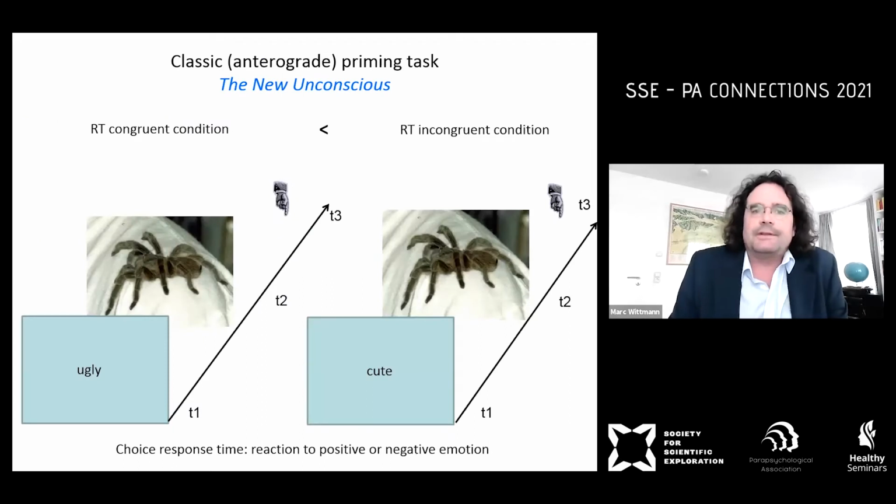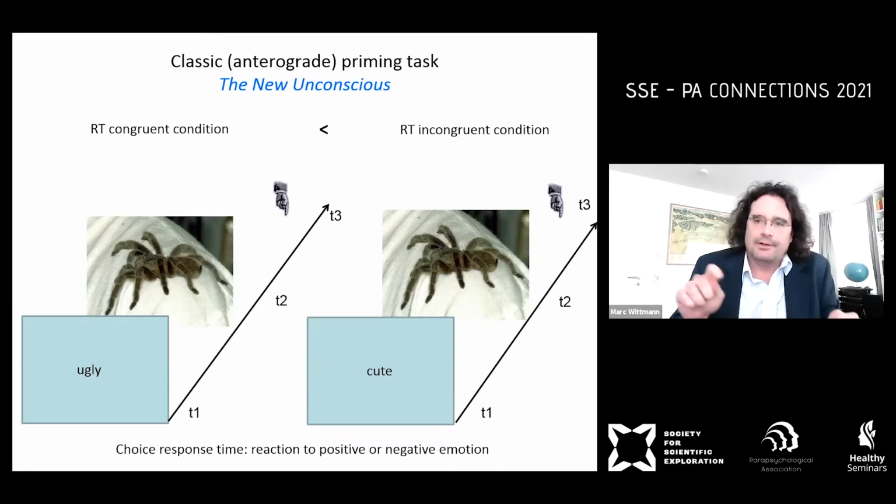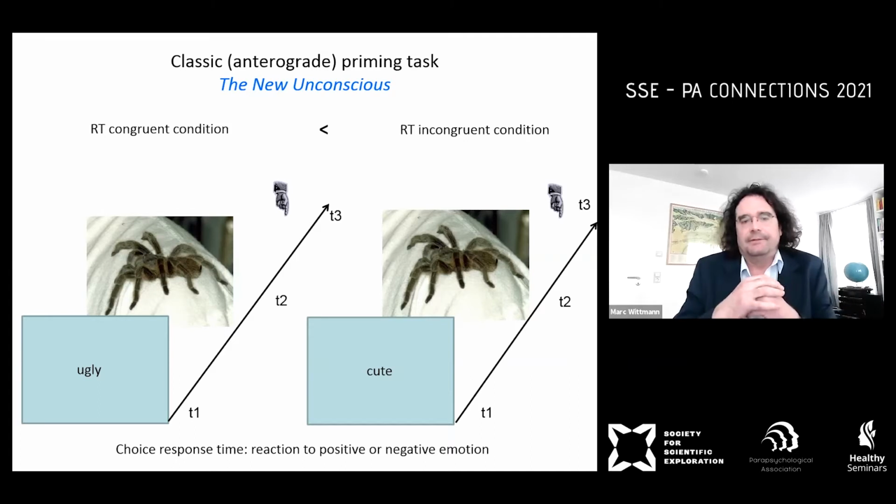So first of all, what is the classic anterograde priming task? So no psi yet. What you have to do in a choice reaction time task is you see either positive or negative photos, and you have to react to them by pressing two buttons. And then there is a prime before that, a word that is again either positive or negative.